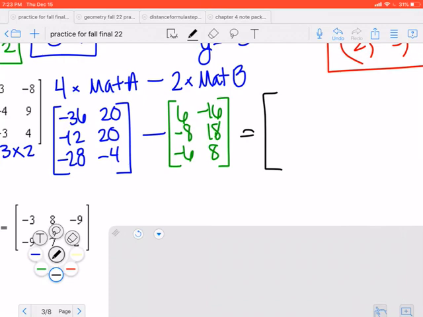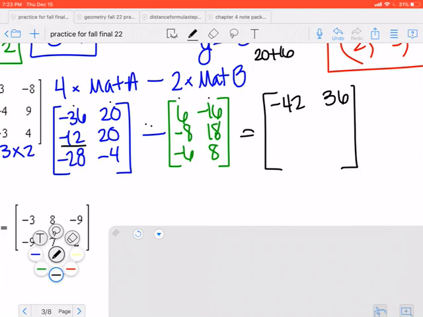First row, negative 36 minus 6, negative 42. 20 minus negative 16, that'd be 20 plus 16, 36.